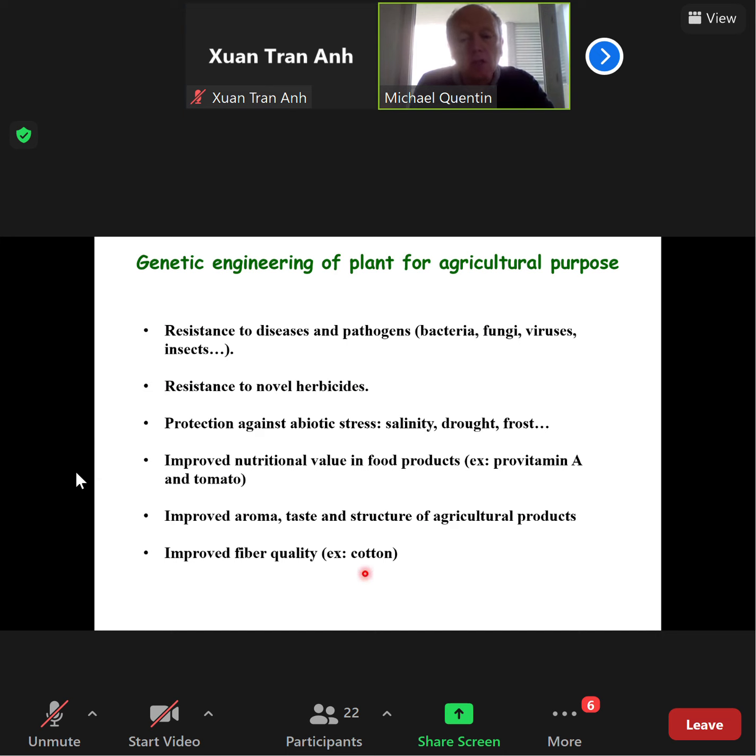And finally, it's the case for cotton, for example. Plants have been improved for the quality of their fibers. So those are different examples of the use of genetic engineering to improve crops.